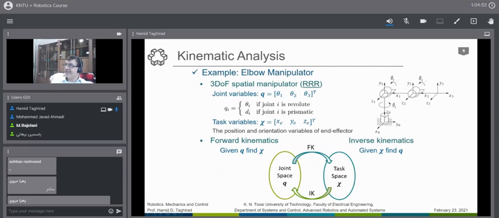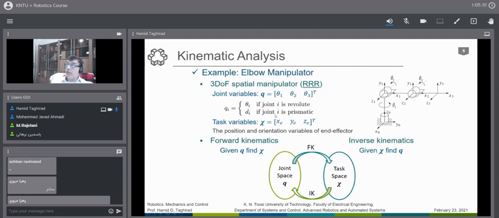As you see here, we have some notation. This figure is taken from Spong's book and shows how the rotation is happening. Let us now talk more kinematically.